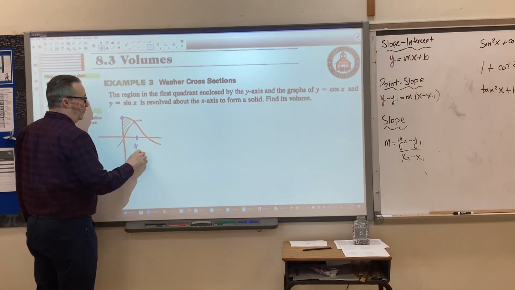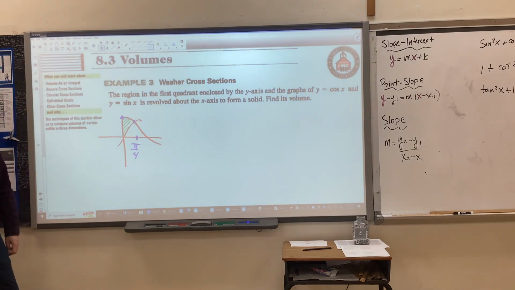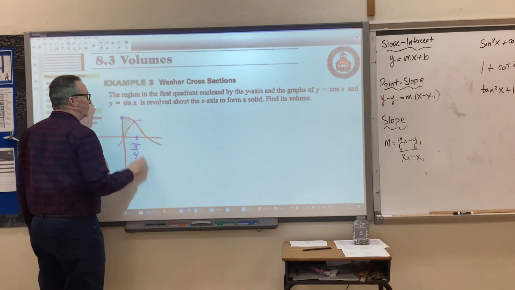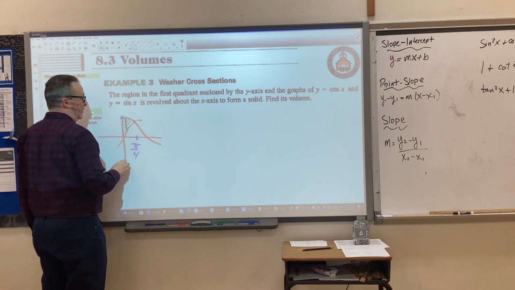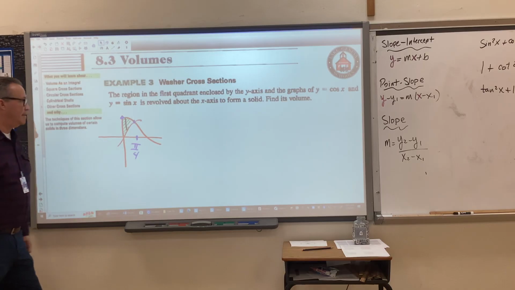Yeah, pi over 4, the sine is the square root of 2 over 2, cosine is the square root of 2 over 2. So this shaded area perpendicular to the x-axis looks like that.